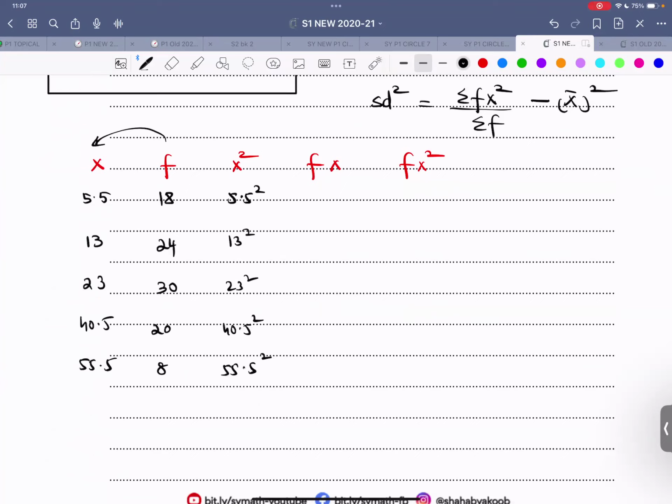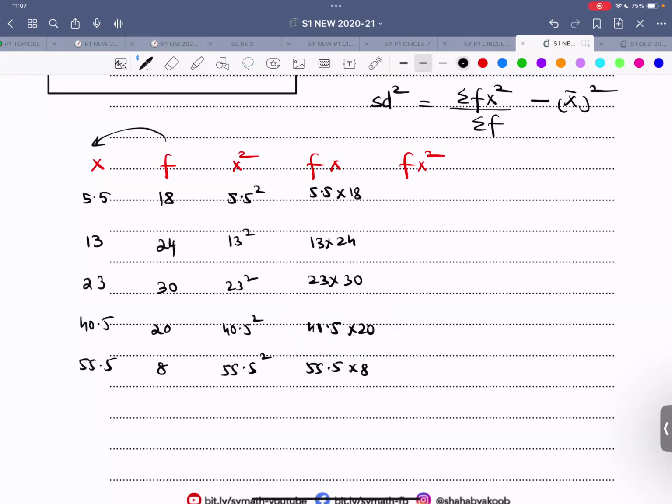Fx, multiply these two: 5.5 into 18, 13 into 24, 23 into 30, 40.5 into 20, and this last one is 55.5 into 8.